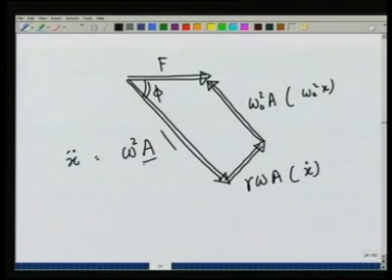The amplitude A and the phase angle phi should be such that this vector diagram closes on itself. The net motion now is that this entire assembly rotates counterclockwise with an angular frequency omega.